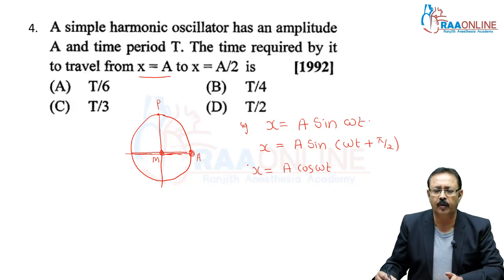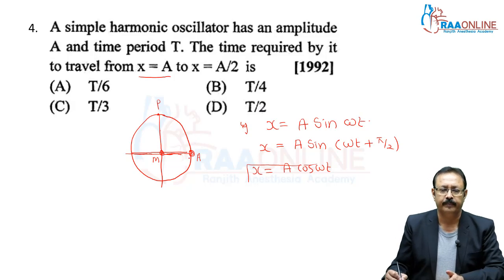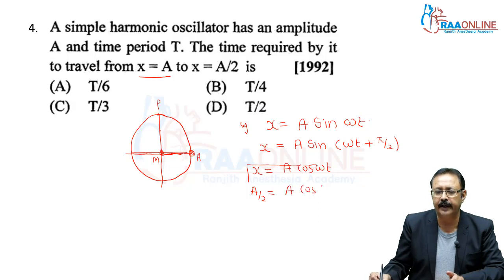So now I am starting my motion from the extreme position. x will become A by 2 in time t. Cancel A with A. So I get 1 by 2 is cos omega t. What is the angle whose cosine is 1 by 2? Cos 60 degree, which means pi by 3.